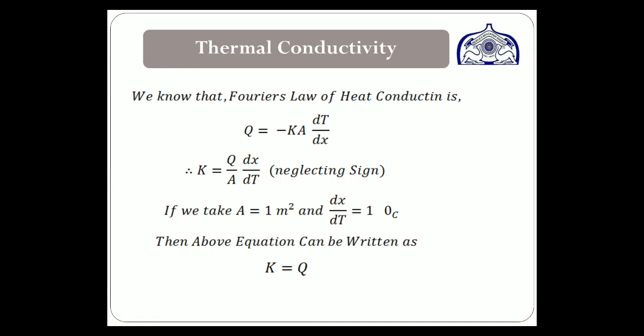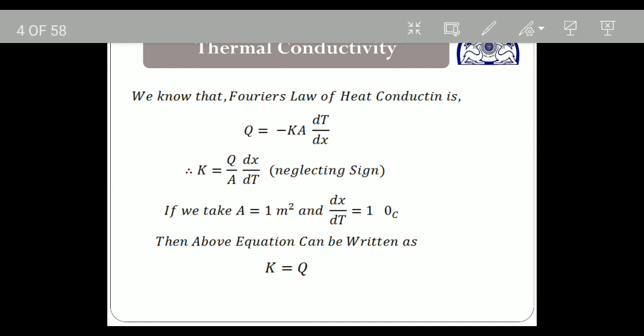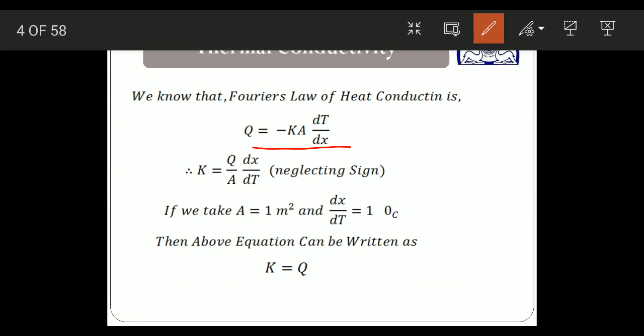In the previous lecture, we discussed Fourier's law of heat conduction, that is, rate of heat transfer is directly proportional to the area normal to the direction of heat flow and the temperature gradient, dT by dx. If you modify this equation, k is equal to q upon A into dx by dT, neglecting the sign.